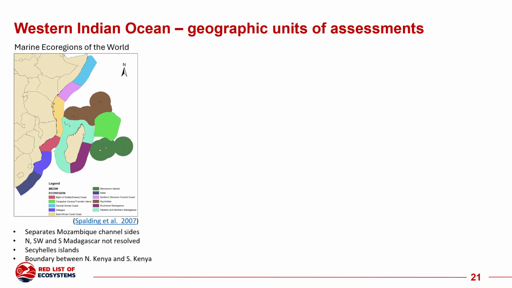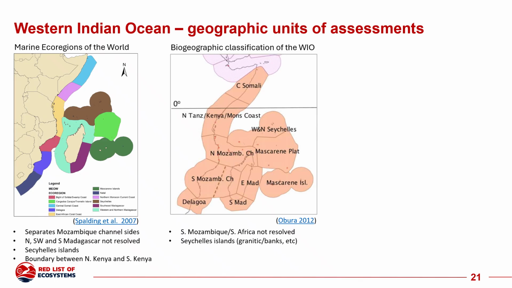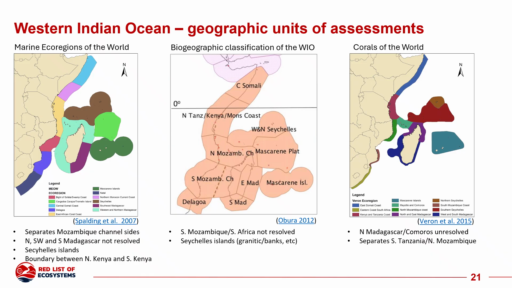However, to make the units more relevant to coral reef ecosystems, the team also integrated insights from two coral reef-specific bioregionalizations. The first was OBERA 2012, which focused specifically on coral reef diversity and structure in the Western Indian Ocean, and the second was Veron et al. 2015 from the Corals of the World work, which provided a global coral biogeography perspective based on coral species distributions.